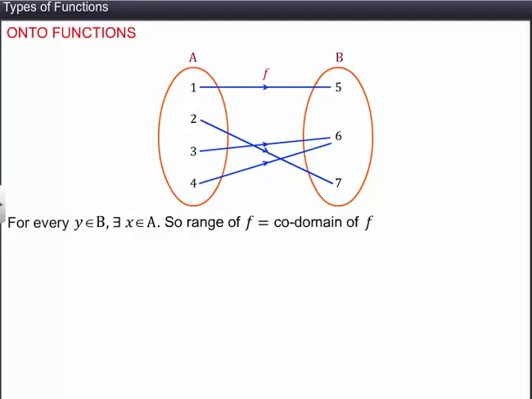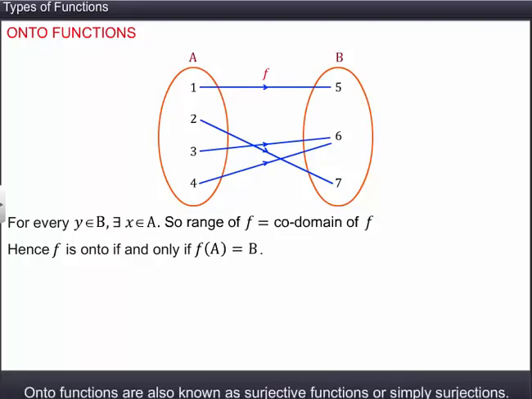So we can say that the range of f is equal to the codomain of f. Hence, f is onto if and only if f of A is equal to B. The other name for an onto function is surjective function or simply surjection.